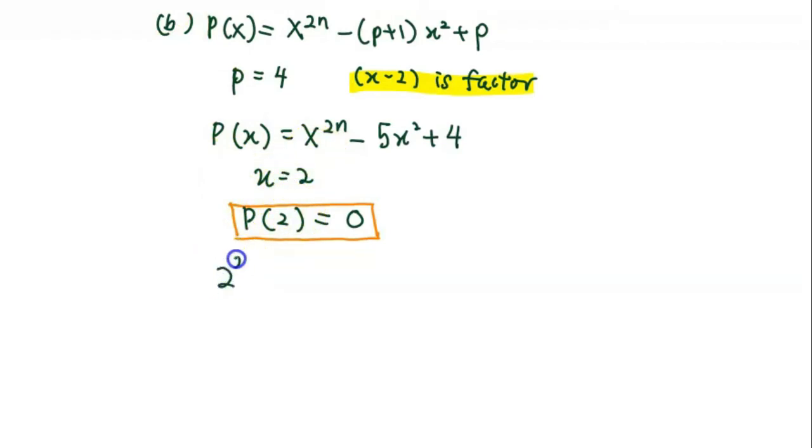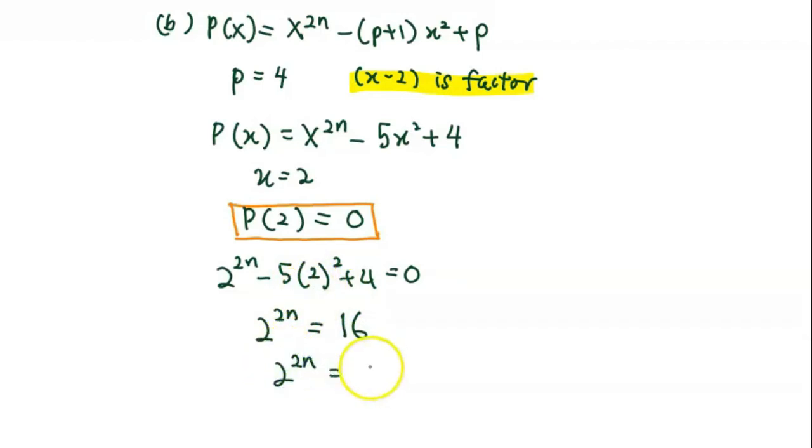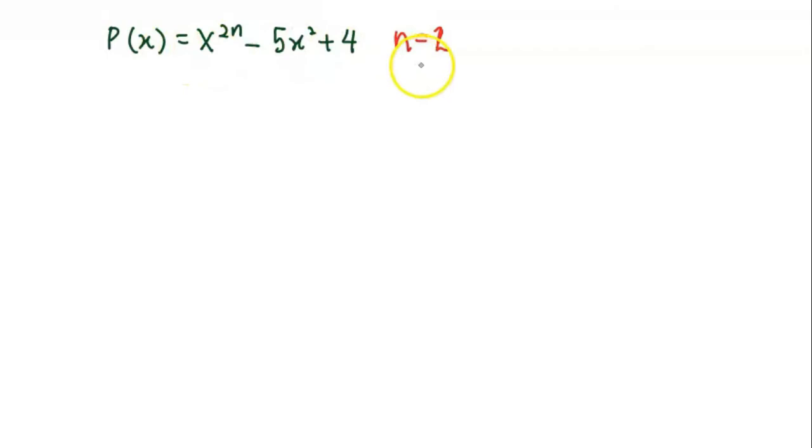So 2 to the power of 2n minus 5 times 2 squared plus 4 is equal to 0. From this equation, we are going to simplify and get the value of n. From question B, we get n equals 2.